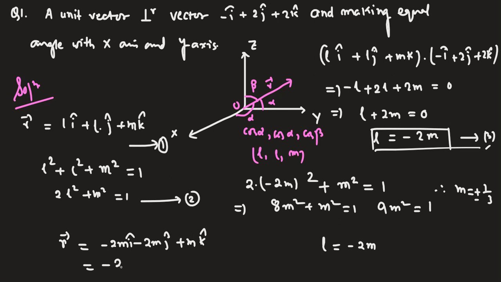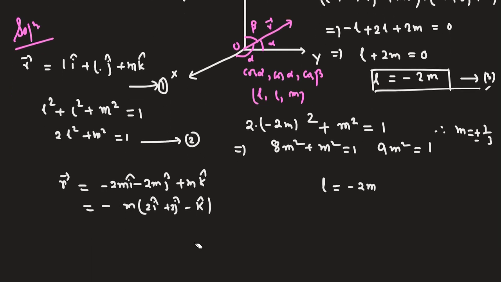If we take m common, it will be minus 2i minus 2j plus k. Now the value of m we know, it is plus and minus, but in front is minus, so it will be plus and minus 1 by 3 times (2i plus 2j minus k). So this is our required vector.